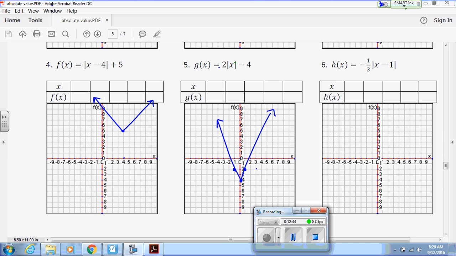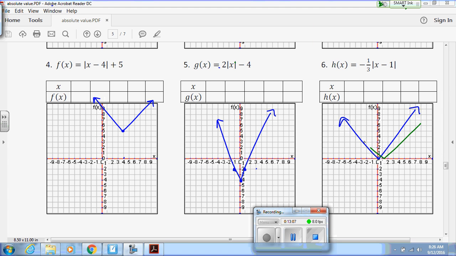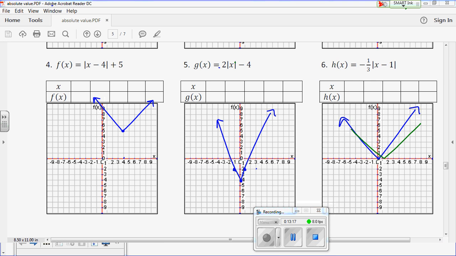Okay. A negative 1/3 minus 1. It's going to be fatter, right? So if my parent function is here, the minus 1 on the inside is going to move it here. Now what's that negative 1/3 going to do? It's going to flip it and make it wider. So this is still going to be here.